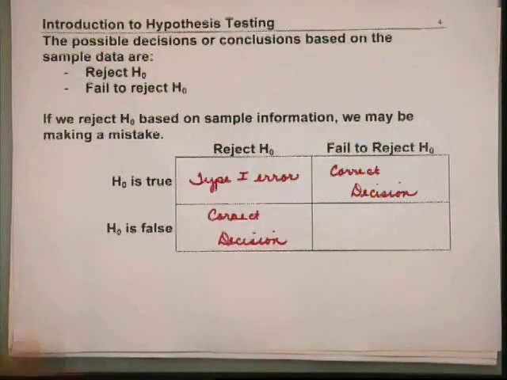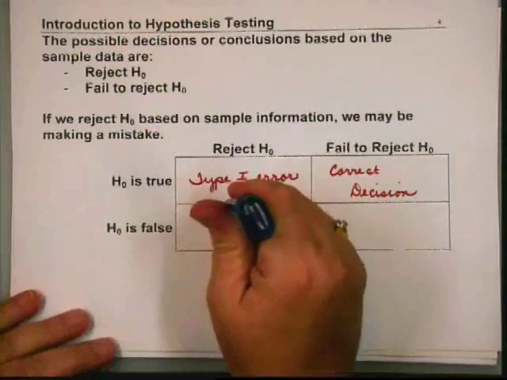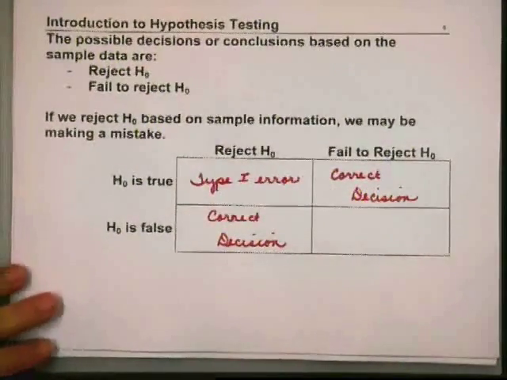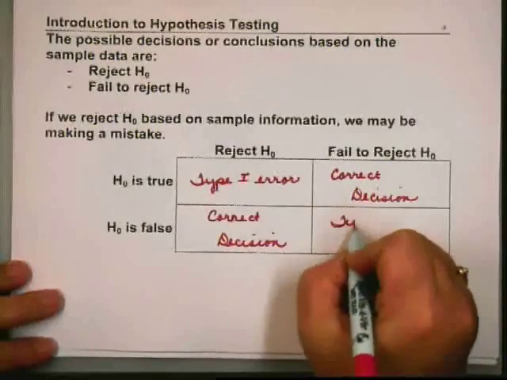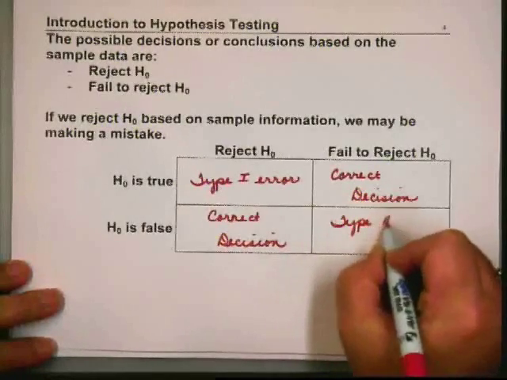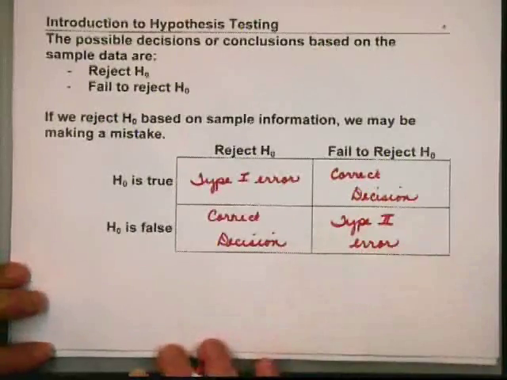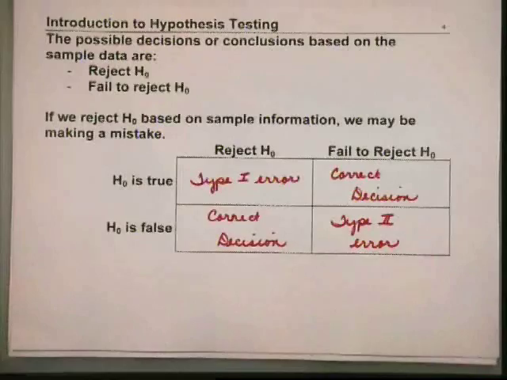And then lastly, if the null hypothesis is false and we fail to detect that, we make what's referred to as a type 2 error. Type 1 and type 2 are typically use Roman numerals.